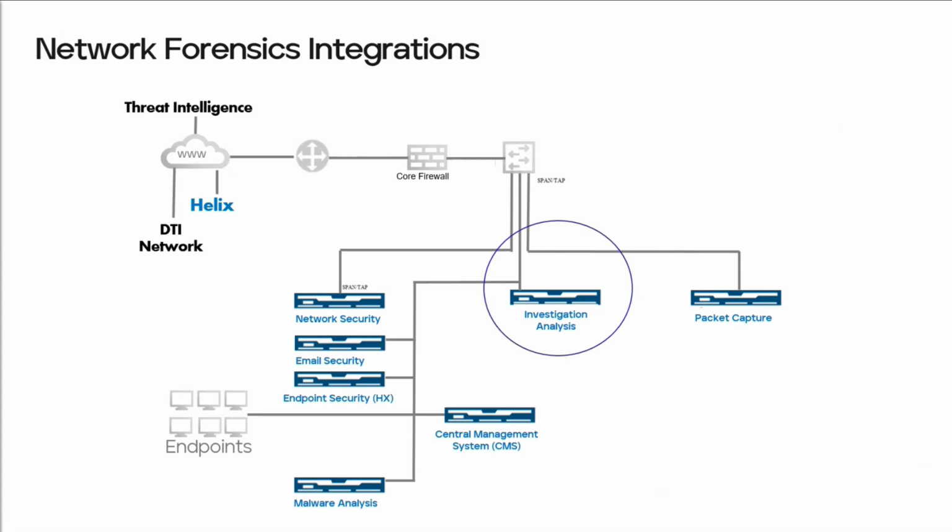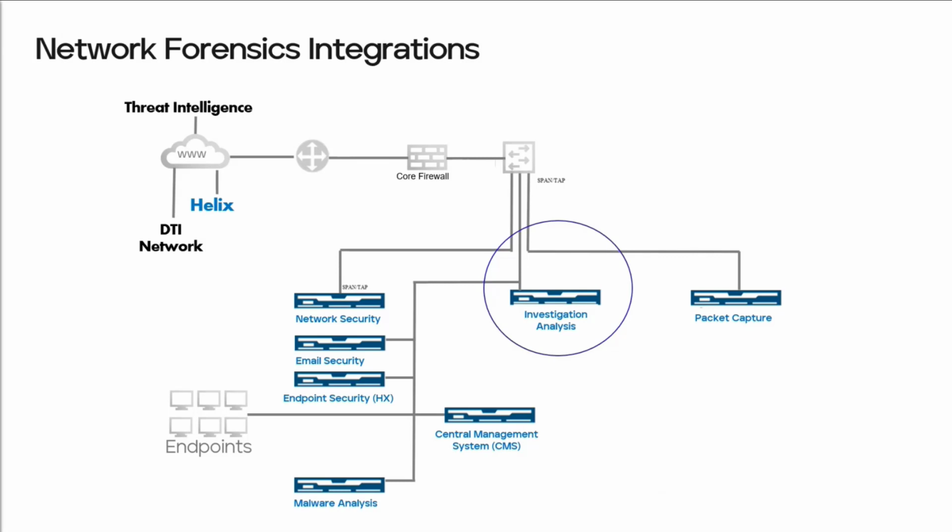Next, the network forensics integrations. So when we talk about network forensic systems, we're talking about both packet capture systems and investigation analysis systems. So for this deployment, in terms of network forensics, the investigation analysis web UI, and the system itself, is a centrally located system among all of these.